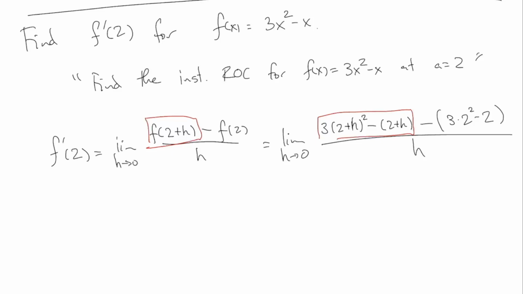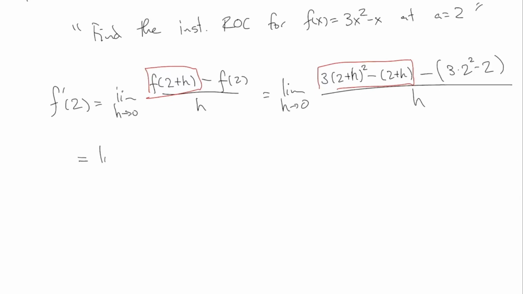Let's continue. So we're going to do similar things that we did in the previous example, which is like distributing a lot of stuff. So I have 3 times a FOIL thing. I will leave the 3 alone for now. It's like that. And then minus 2 plus h. Let's distribute the minus sign.